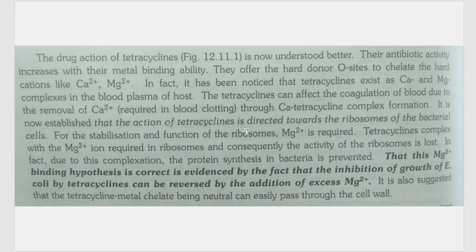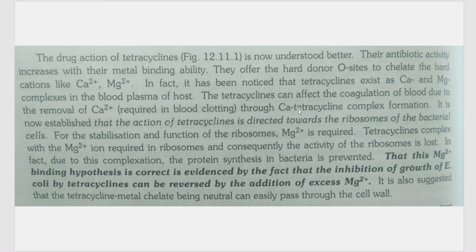the action of tetracycline is directed towards a ribosome of the bacterial cell. Now imagine your blood already has bacteria in it. So you have taken tetracycline drug in order to kill this bacteria that is present in the blood. So what does tetracycline do is that in bacteria, for their ribosome to get stabilized and to function, they require Mg2+.